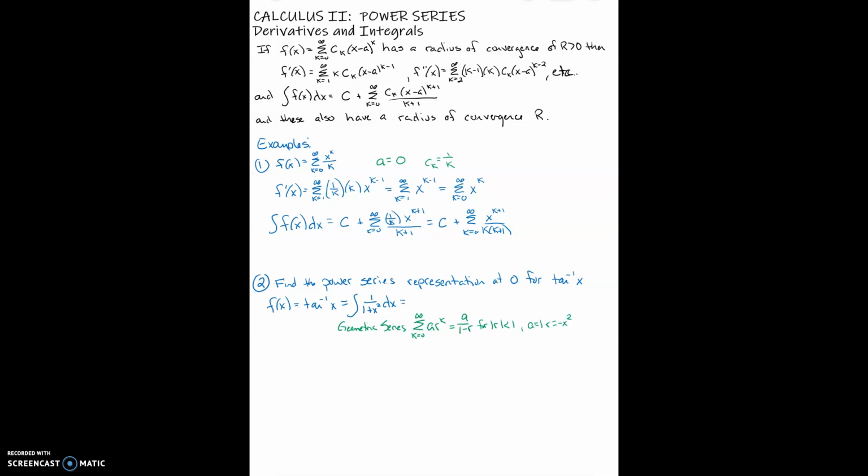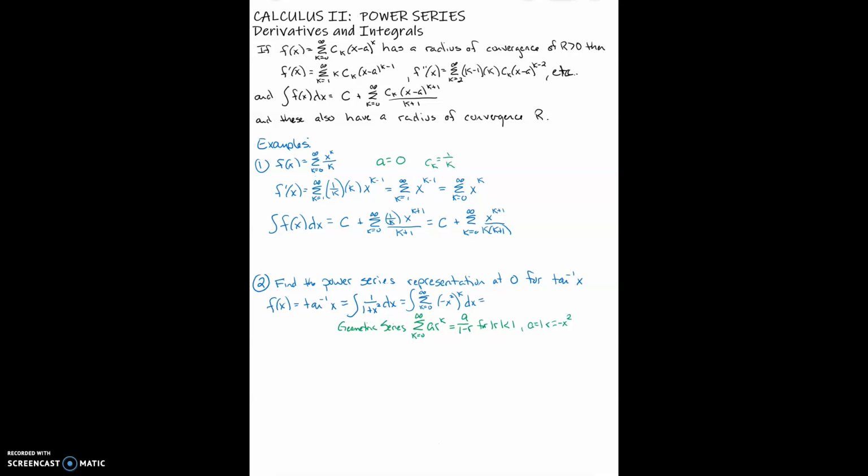So we can write this as the integral, that's still there, of the sum as k goes from 0 to infinity of a, which is 1, I don't really need to write that, times r, negative x squared to the k. And of course, our differential there in the back.